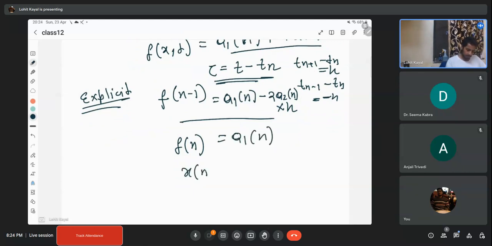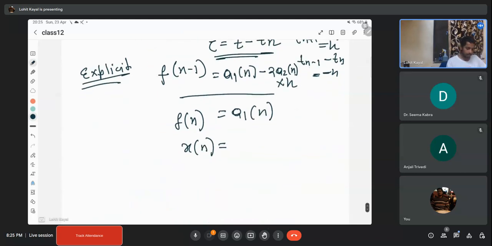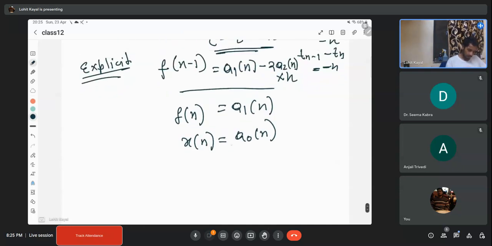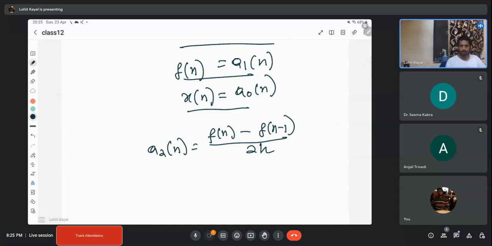And x of n, from this formula, I need to again put tau equal to 0 here. It will be simply a0 of n. Okay, so I have a0 of n and a1 of n, so I need to find a2 of n. So a2 n will be fn minus 1 divided by 2 of n. Okay.